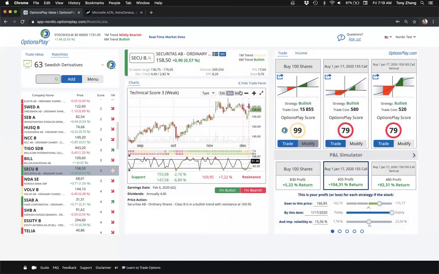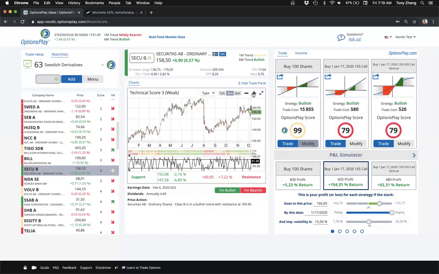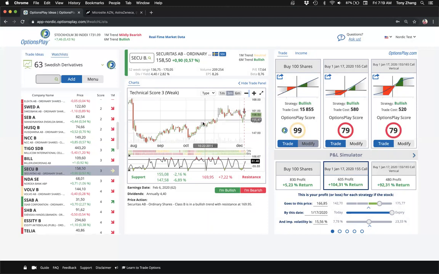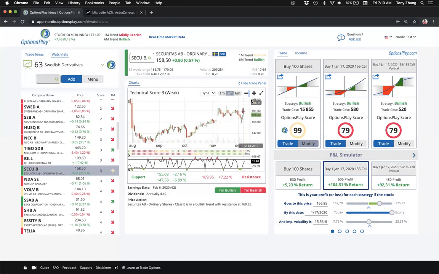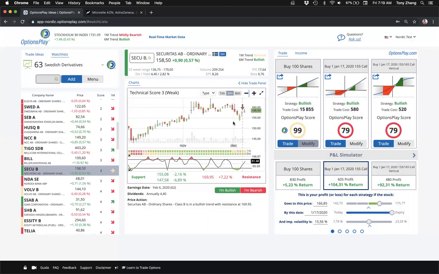So as you can see here, yes, this is a relatively weak stock. It's really basically moved sideways this whole year, but it's been on a pretty recent bullish trend since November, mid-October or so. It's been trending higher. The trend has deteriorated a little bit recently on the short term, but on the long term, it's still trending slightly higher.